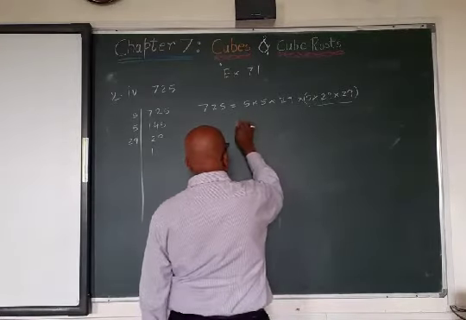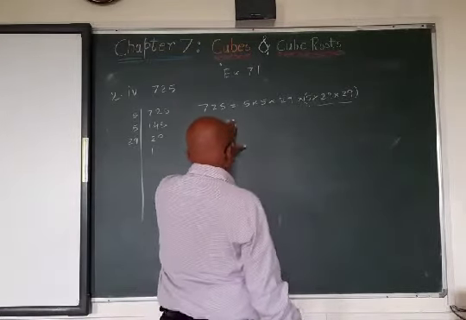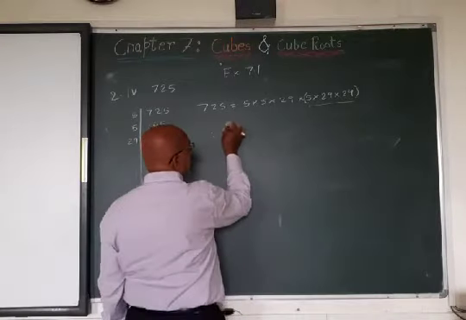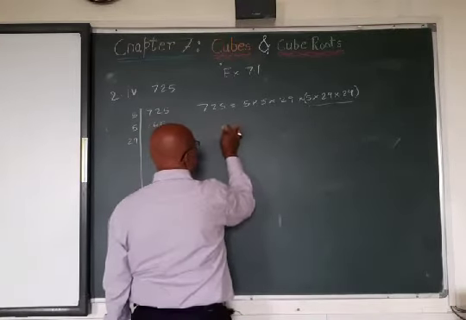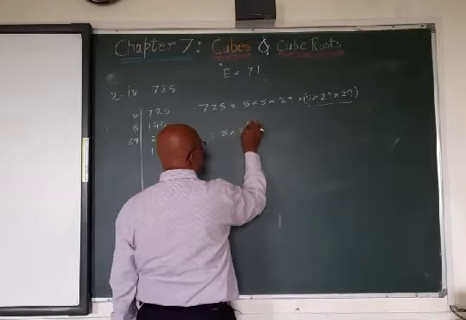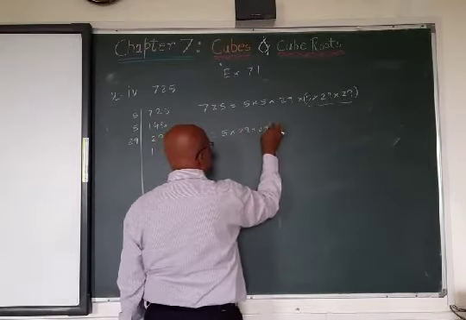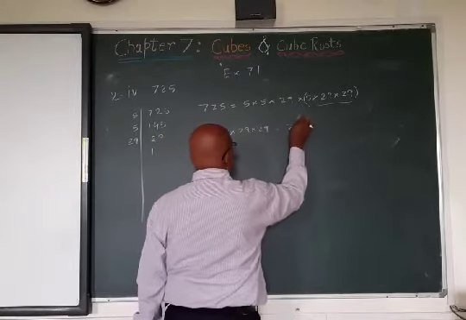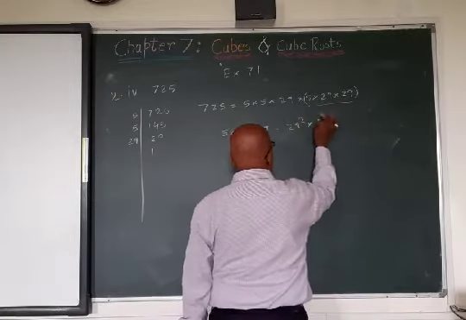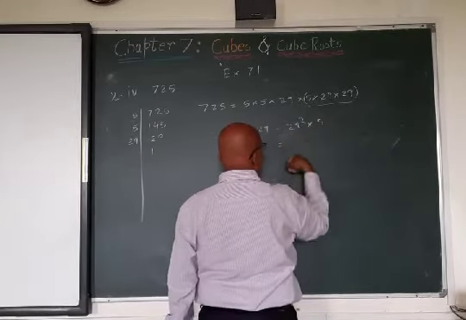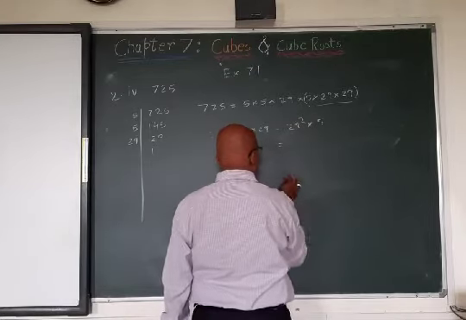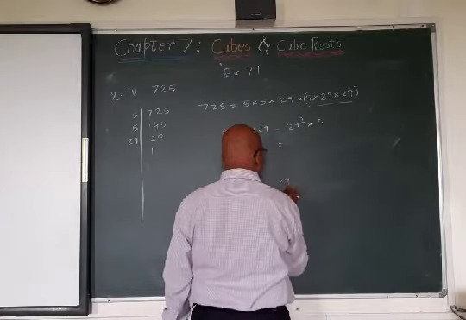So what we get? Therefore 5 into 29 into 29 equal to 29 square into 5. 29 square is 29 into 29.